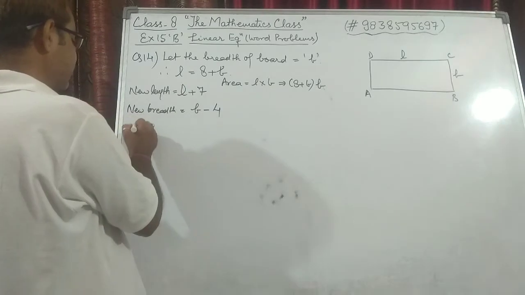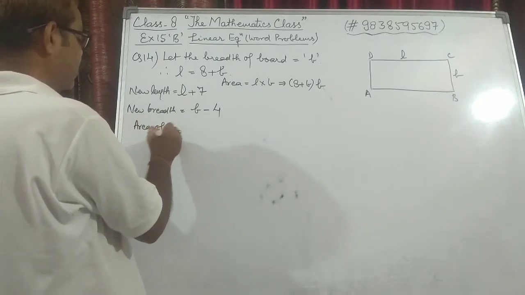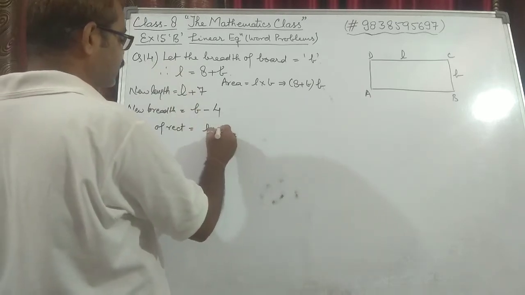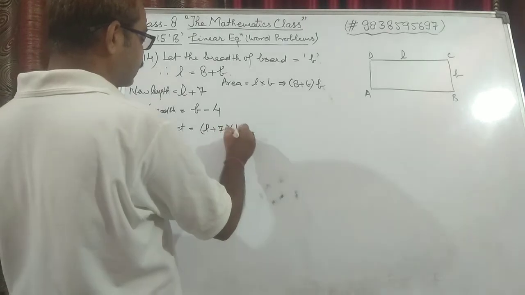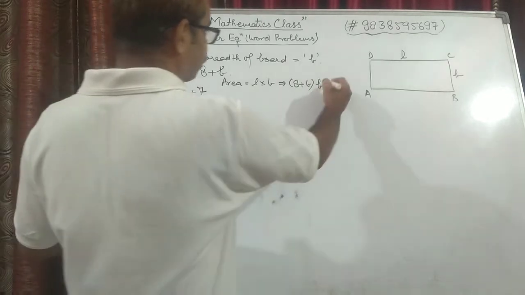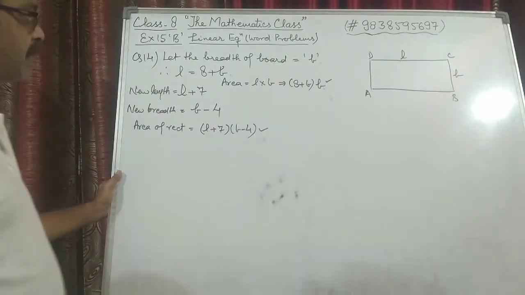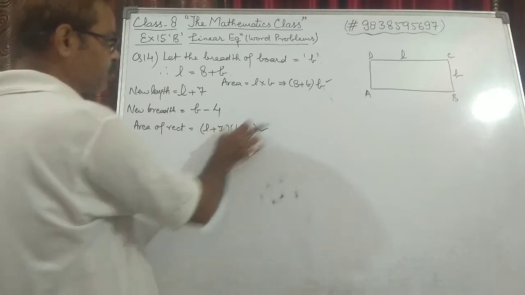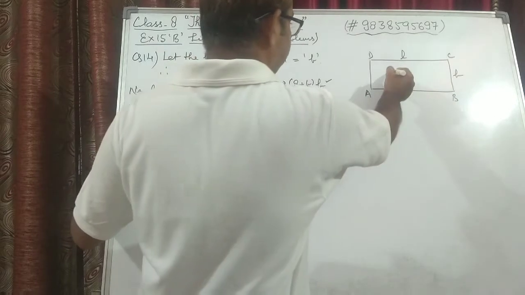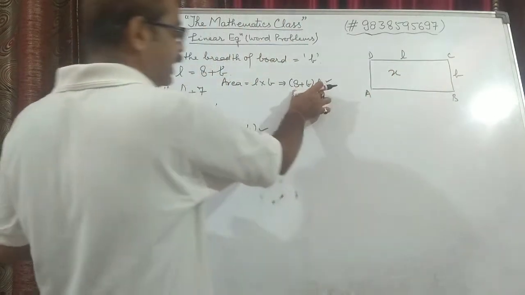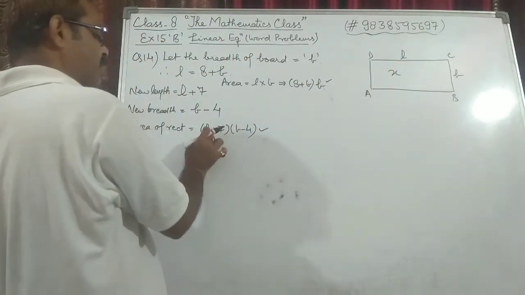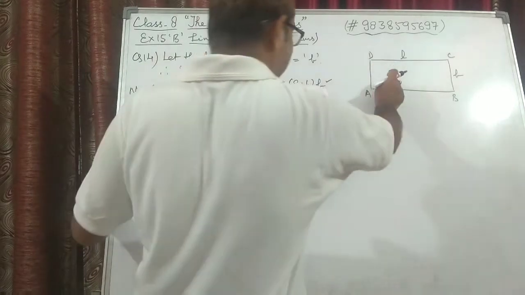In the second case, the area of the rectangle will be new length into new breadth. So L plus 7 is the new length and the new breadth is B minus 4. But they say the numerical values of both are the same. If both are the same, both of these can be equated. Suppose x is the area. When you solve 8 plus B into B, you will get x. When you solve L plus 7 into B minus 4, again you will get the same.